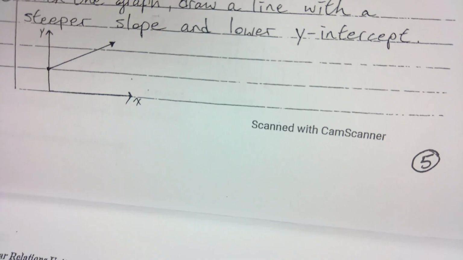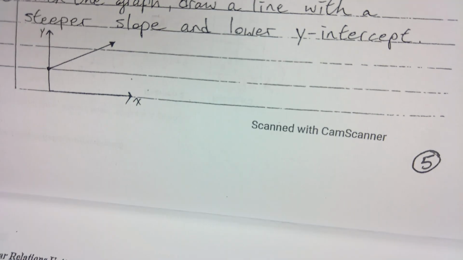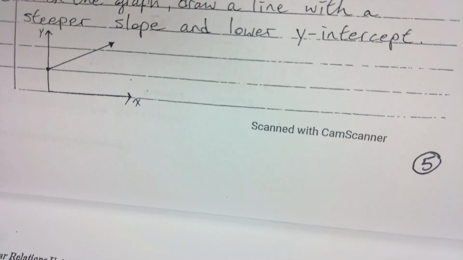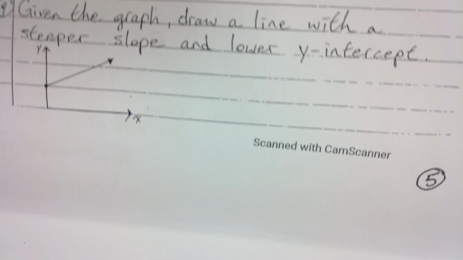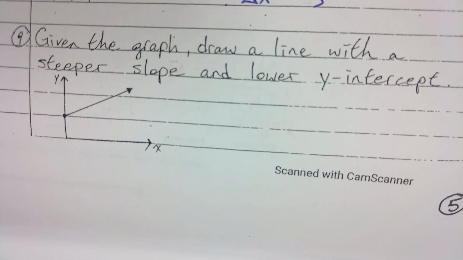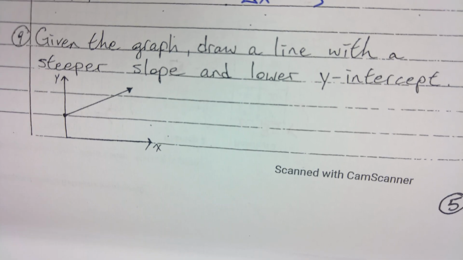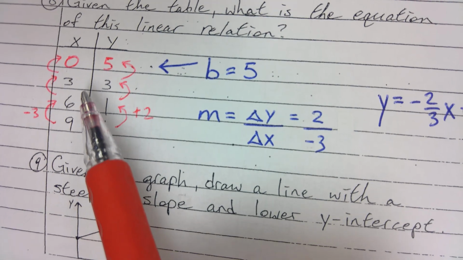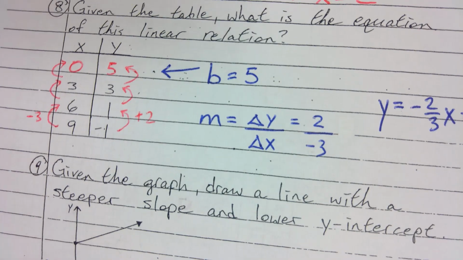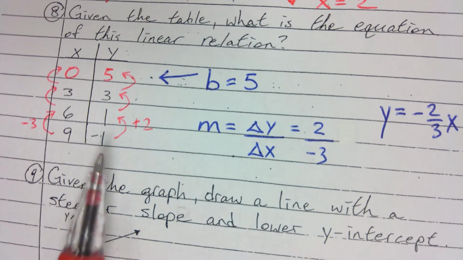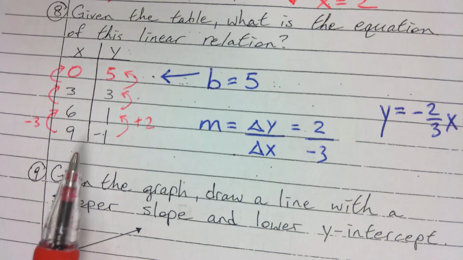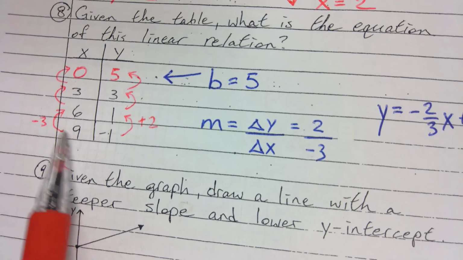Okay. Last one. Given the graph, draw a line with a steeper slope and lower y-intercept. Where did we see this question before? Martin. Good question. So you have to get to 0. Or better yet, in a table of values, remember these are just coordinates.